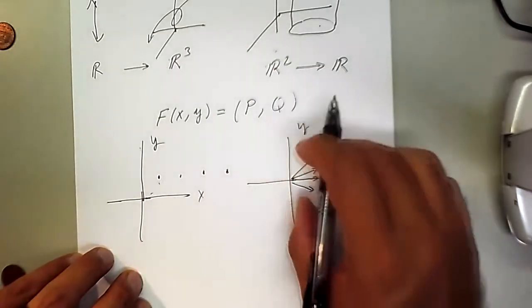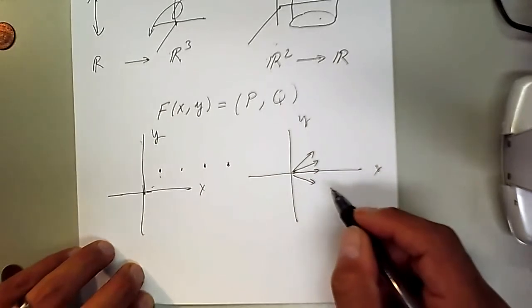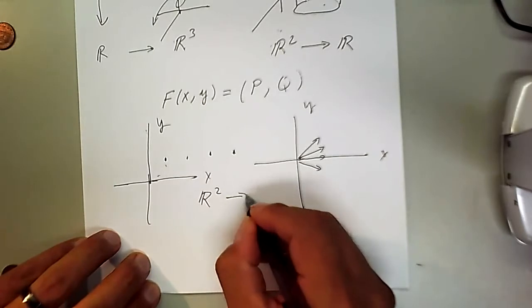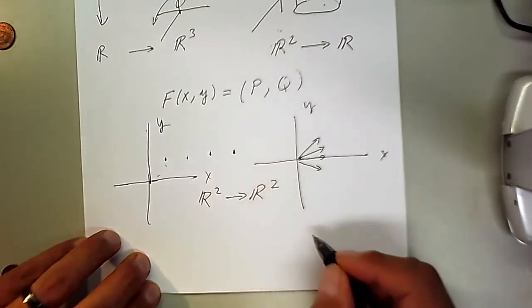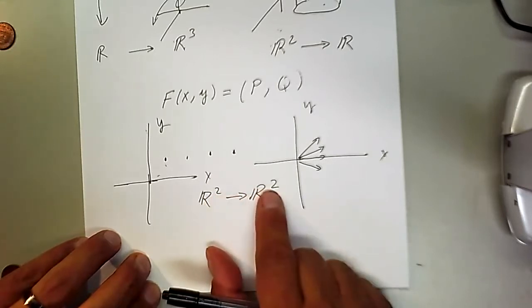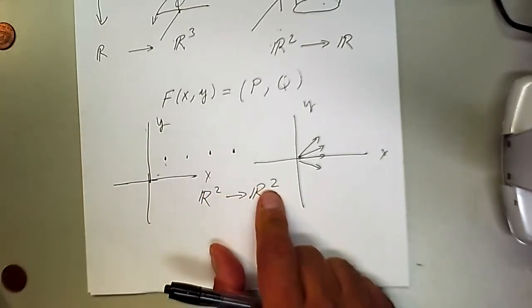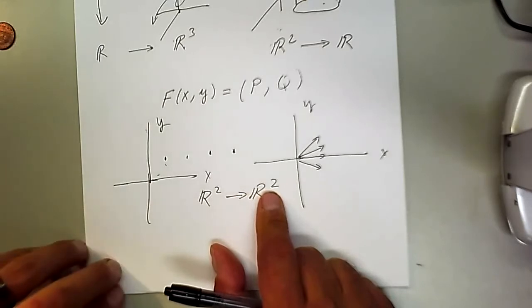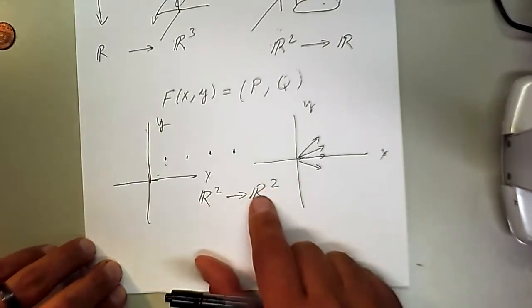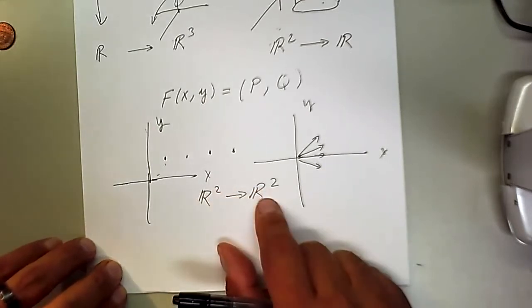They could be very different. So this is a function that goes from R squared into R squared. And whenever we have more than 1 in the exponent here and more than 1 in the exponent there, then we call this a vector field. Typically, we have going from R squared into R squared or R cubed into R cubed.